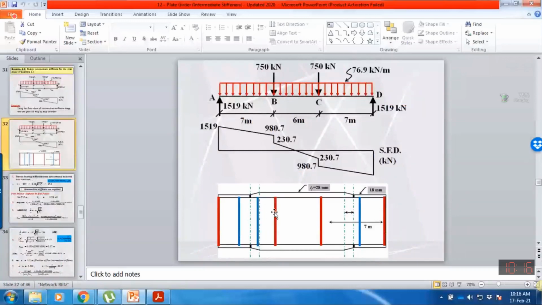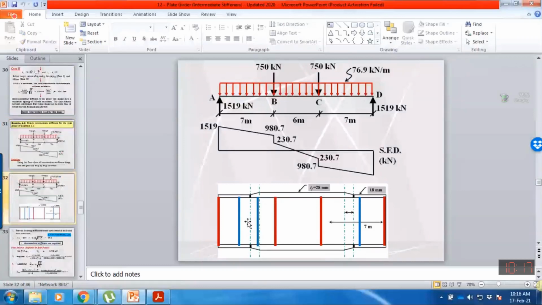Bearing stiffeners are provided above the force reaction and underneath concentrated force because they are provided to avoid the web from crushing or crippling failure against the concentrated force. And then we need to decide the spacing of intermediate stiffener depending upon the applied shear.